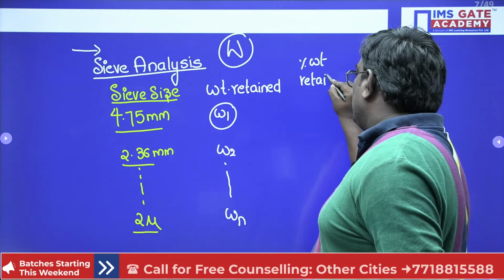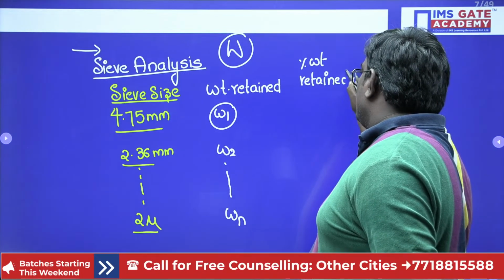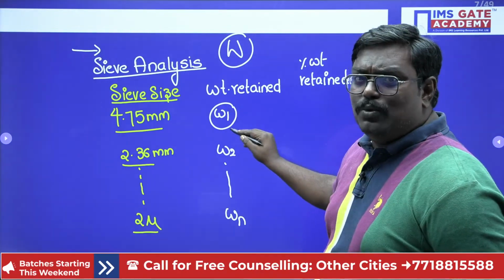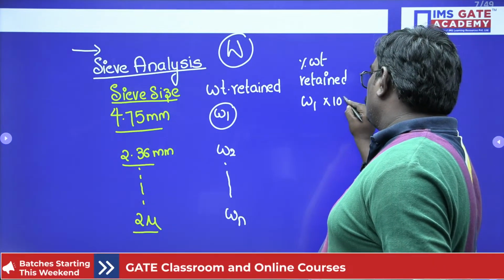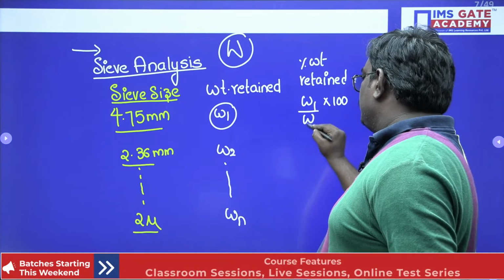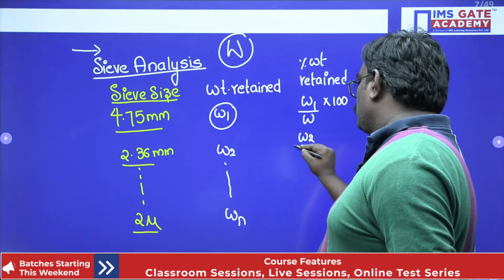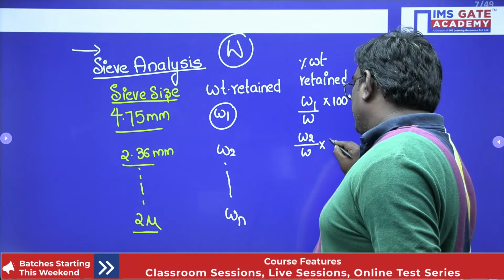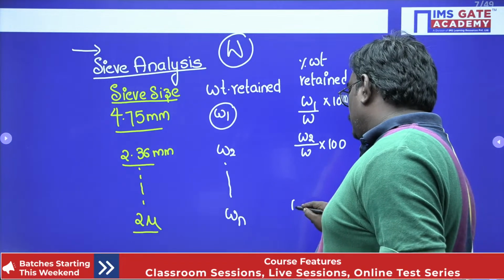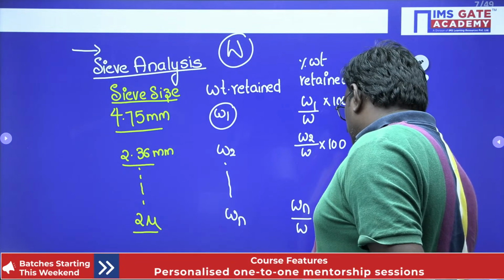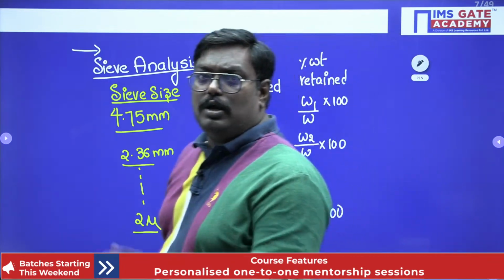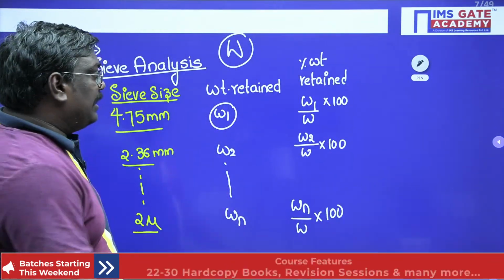And how do you calculate the percentage weight retained? The weight retained on each sieve multiplied by 100 upon the total weight. Similarly we can write W2 upon total weight W into 100, and for the nth sieve, Wn by W into 100.